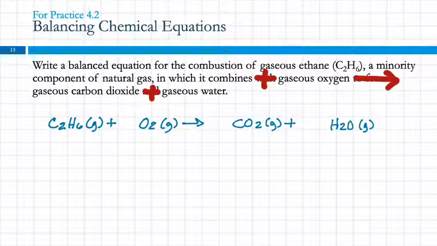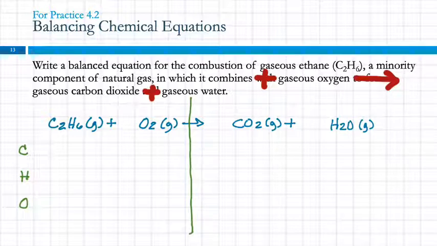So one way to do this is to just draw a big vertical line at the arrow so you can clearly see the 2 sides that we're trying to balance. And then I'm going to list the elements and just take inventory before I start adding coefficients. So there's carbon, there's hydrogen, there's oxygen. Those are the only 3 elements.